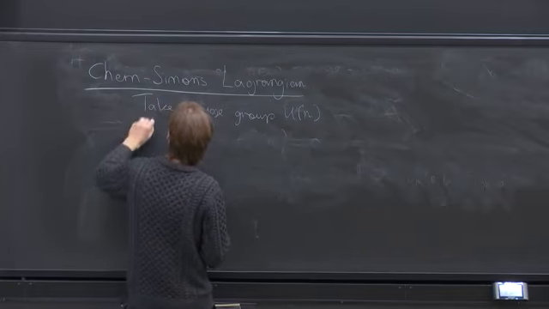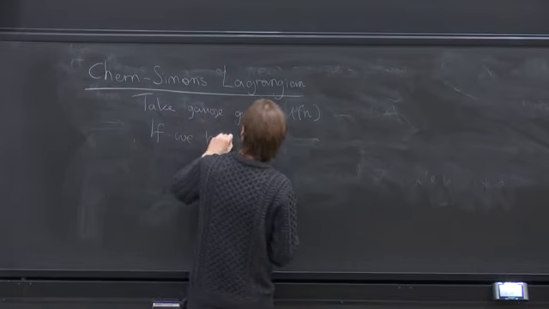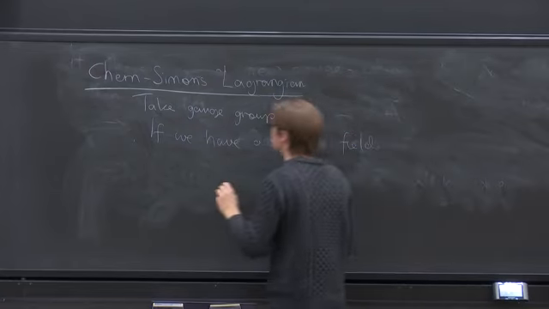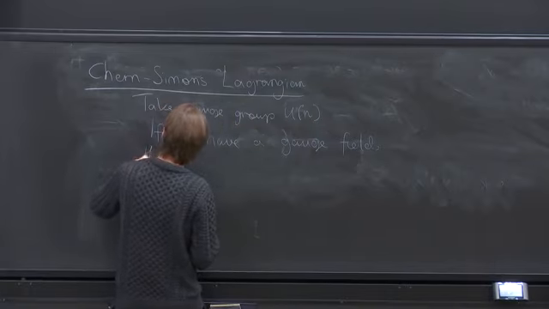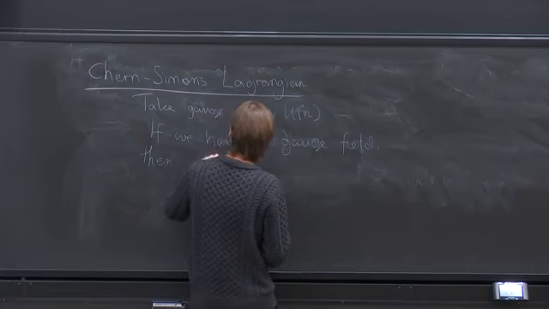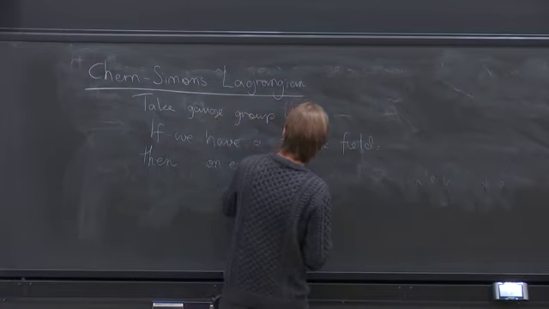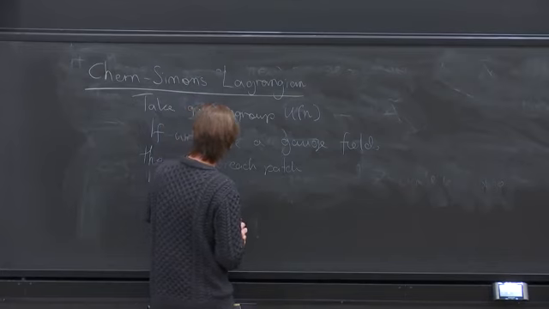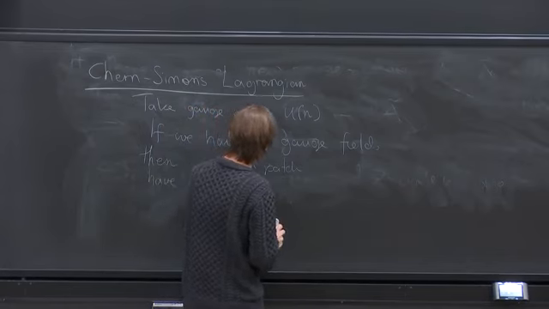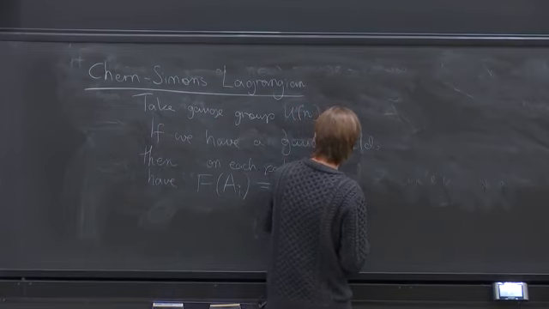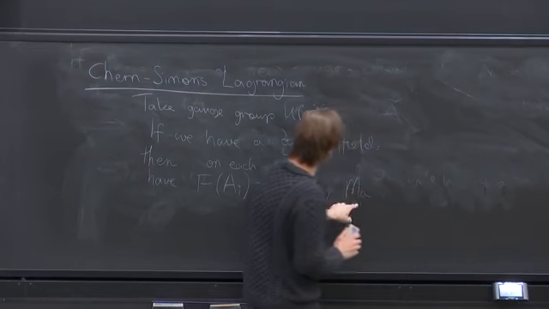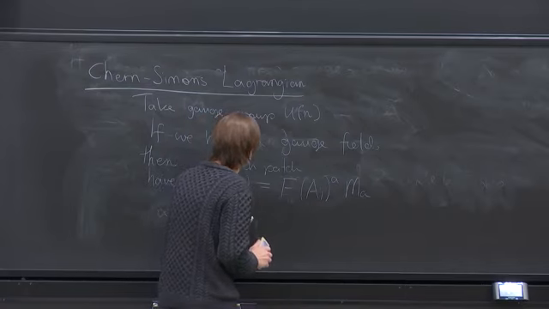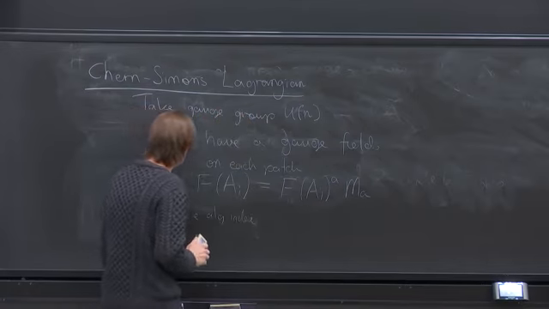Suppose we have a gauge field. Then on each patch, we have the curvature, which is an expression like this, and write it like this, where A is a Lie algebra index, and M_A is the corresponding element of U(N).